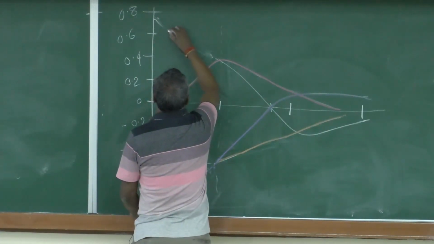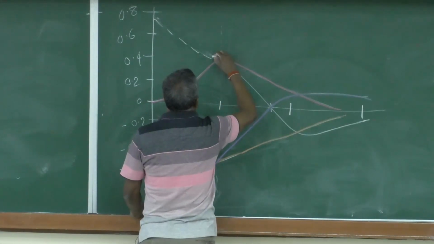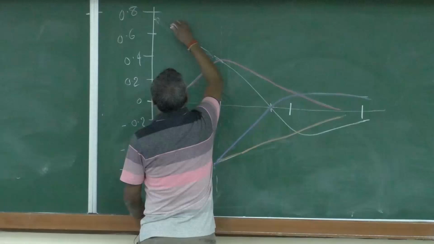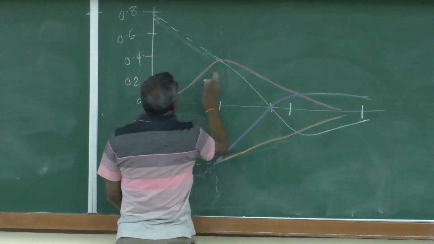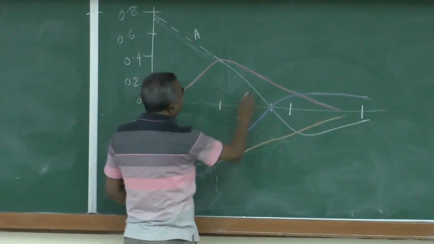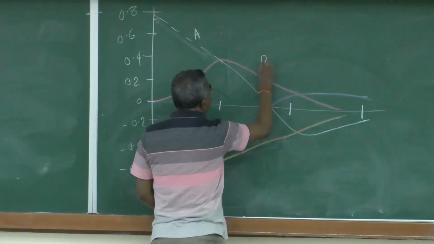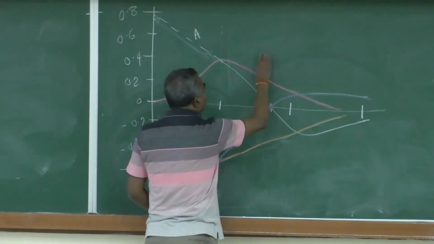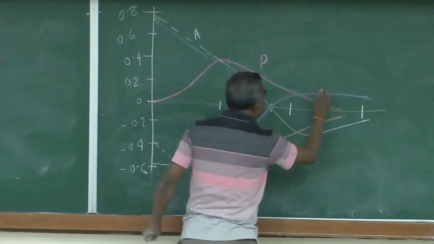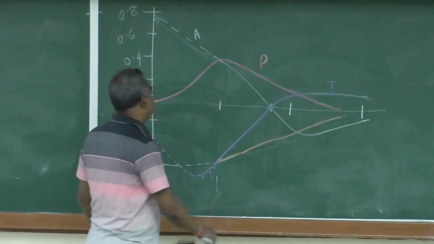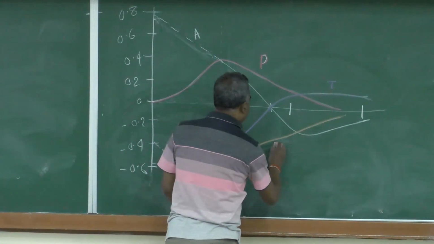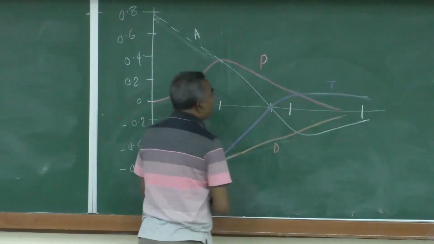So, this one is advection term A, this is your production term P, or let us use this color only, and this one is your transport term T, and this one is your dissipation term.